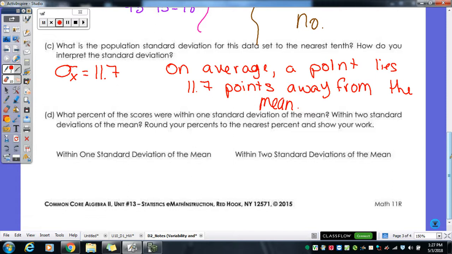That's if you're looking for sample standard deviation, but we had the full population of his entire class, so we wanted the population standard deviation this time.